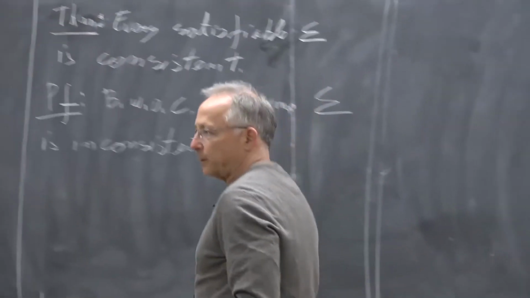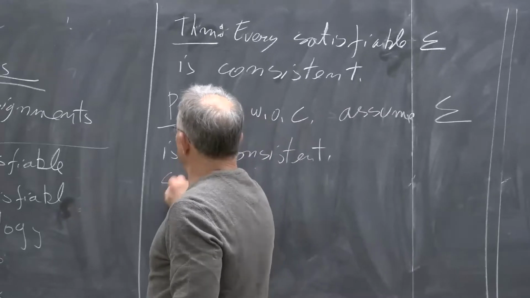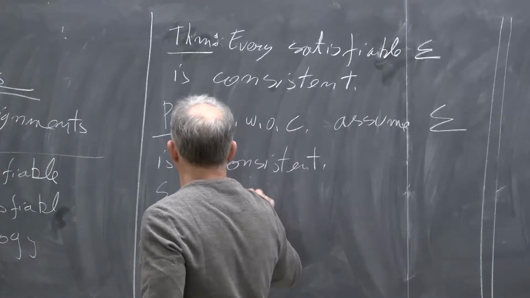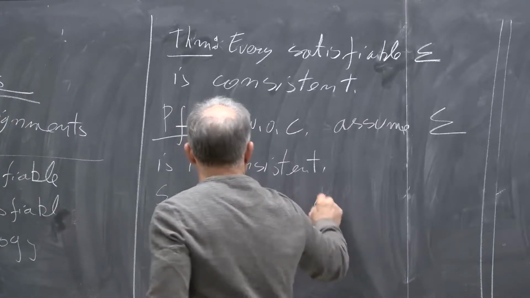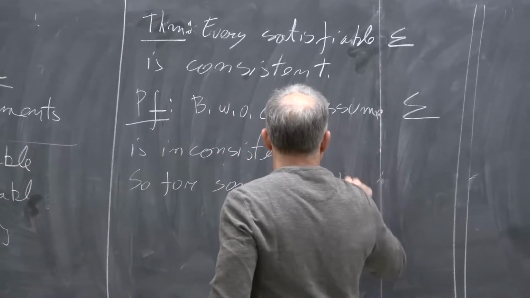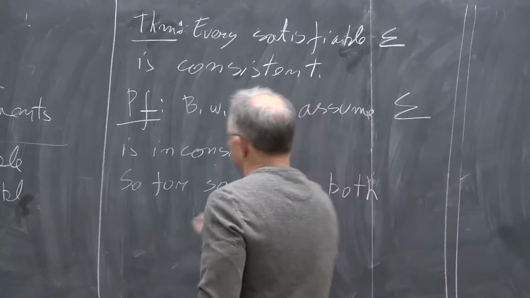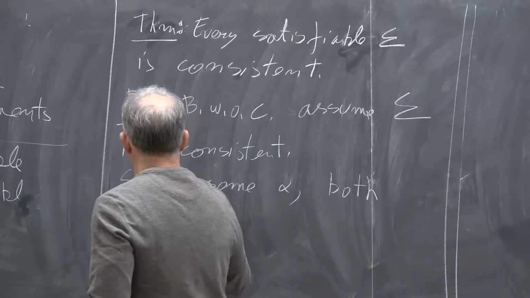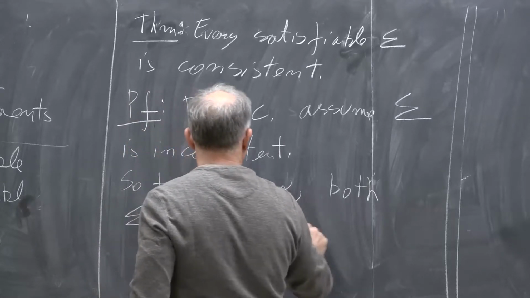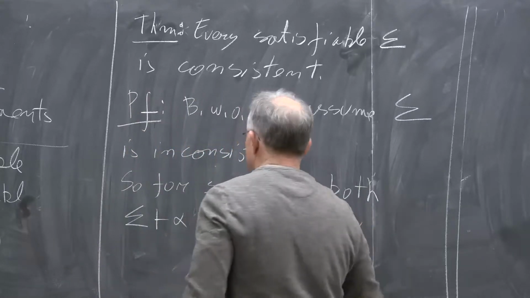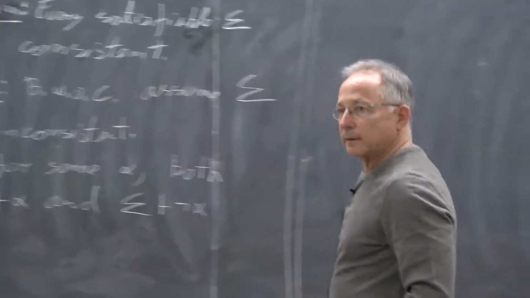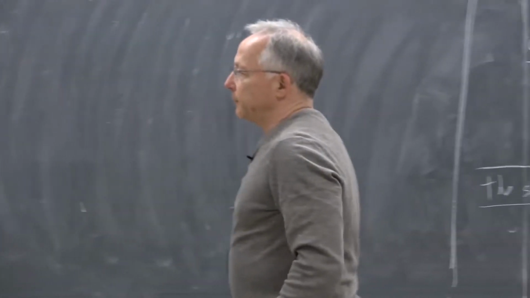So I will use the first definition. So for some alpha, both sigma proves alpha and sigma proves the negation of alpha. This is the way to violate the first definition of consistency.